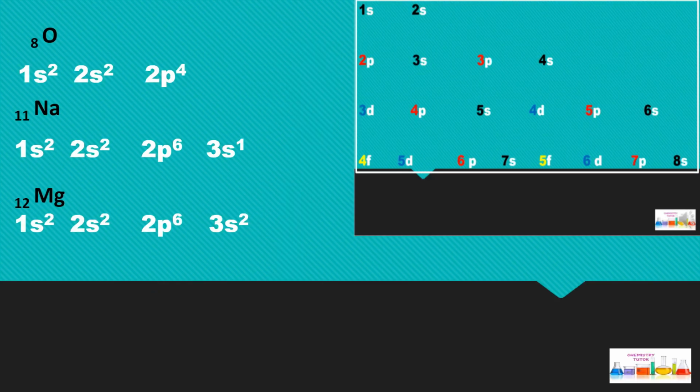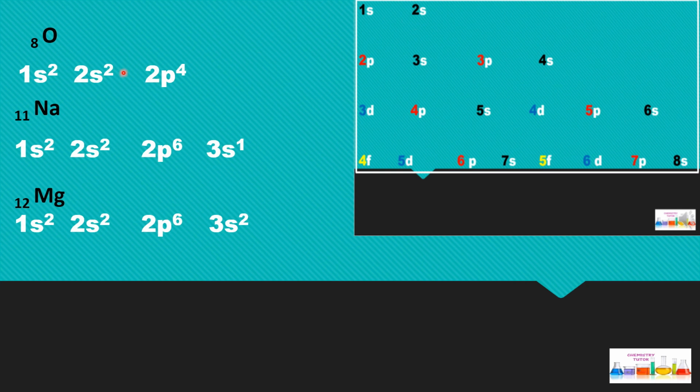Now let's fill electrons in some of the atoms with the help of this trick. Oxygen has atomic number 8, which means that 8 electrons are present in the oxygen atom. First we will take 1s, and in 1s we will put 2 electrons because S can occupy a maximum of 2 electrons. Once 1s is completed, we will move to the next, that is 2s.